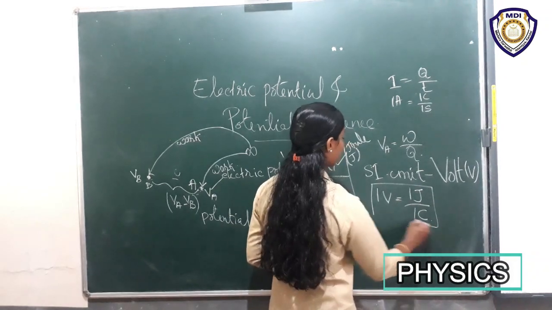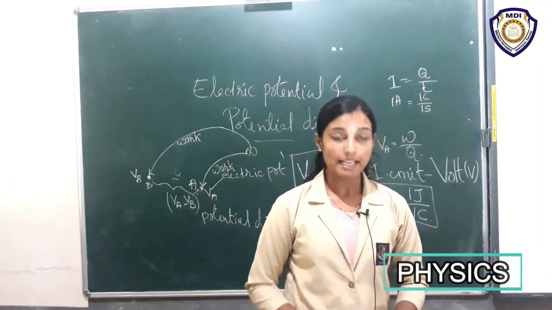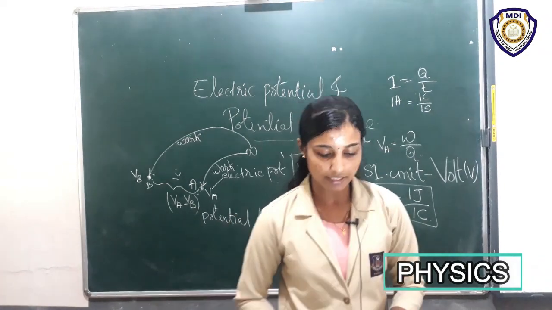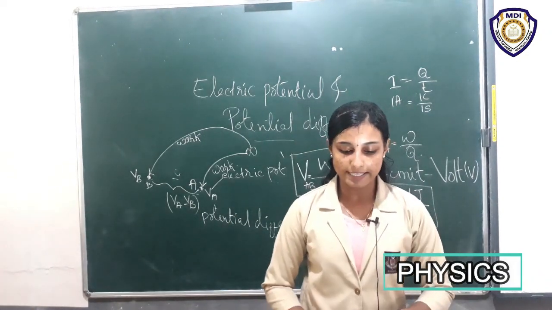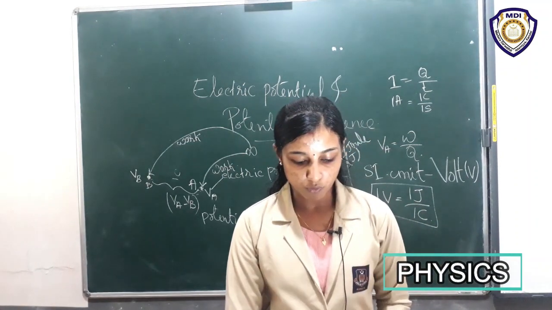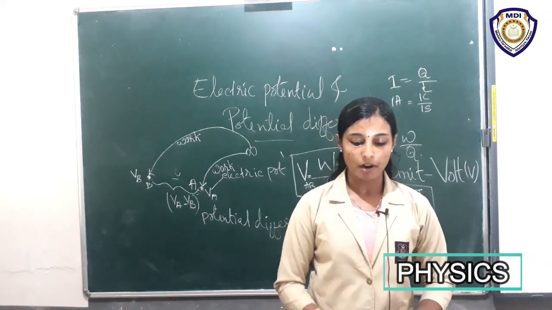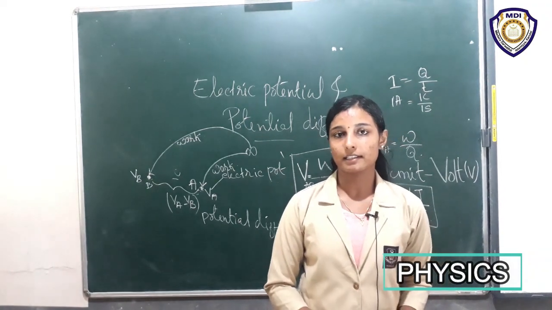How can we define this 1 volt? 1 volt is the electric potential difference between 2 points in a current carrying conductor when 1 joule of work is done to move a charge of 1 coulomb from one point to another point.